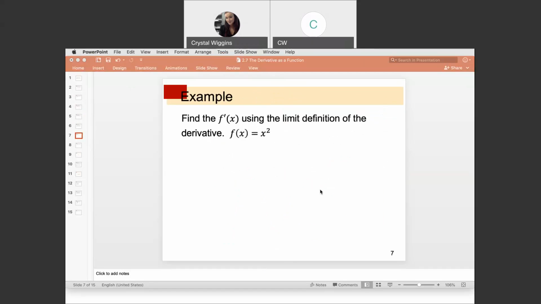But for those of you who have taken calculus before and have learned how to do derivatives without using the limit definition, that is not sufficient to get full credit from now to the first exam. After the first exam, we will learn all the shortcuts and we will never have to do the limit definition again. So let me do this problem on the whiteboard.